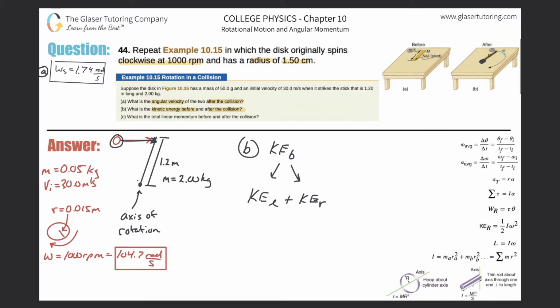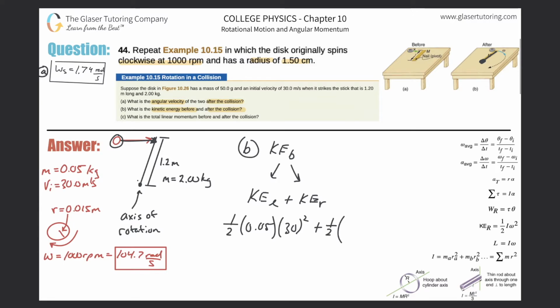Now this is probably going to be almost minuscule. You can probably disregard it. All right, it shouldn't make a difference, but I'm going to do it anyway. So this is then 1/2 multiplied by the mass of the disk, so that's 0.05, times the linear velocity of 30 meters per second squared, plus then the 1/2 multiplied by the moment of inertia of the disk itself that's rotating, right? It's rotating about its center axis. Its radius is 0.015.